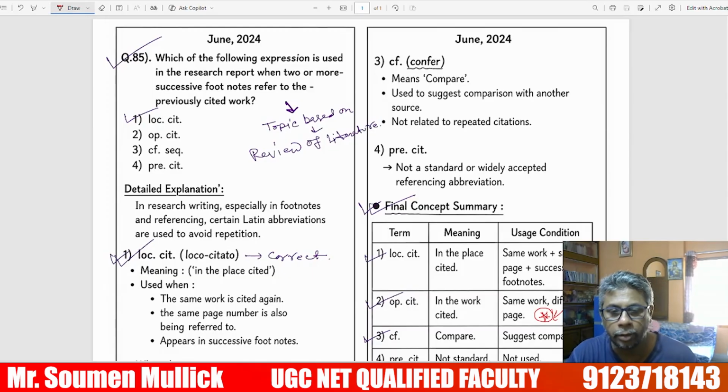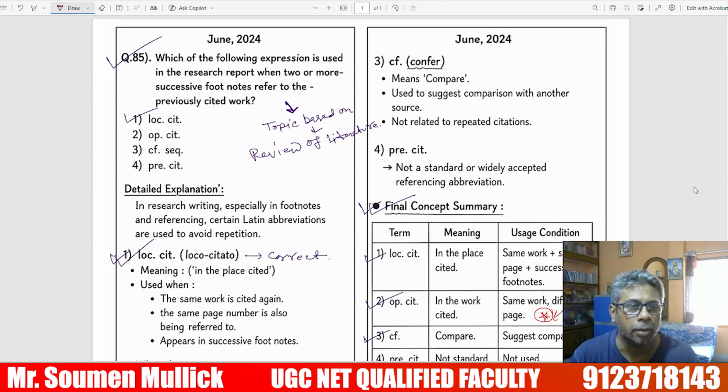Today, we are going to learn and understand the important previous year questions of UGC NET June 2024. All questions are based on research and statistics.